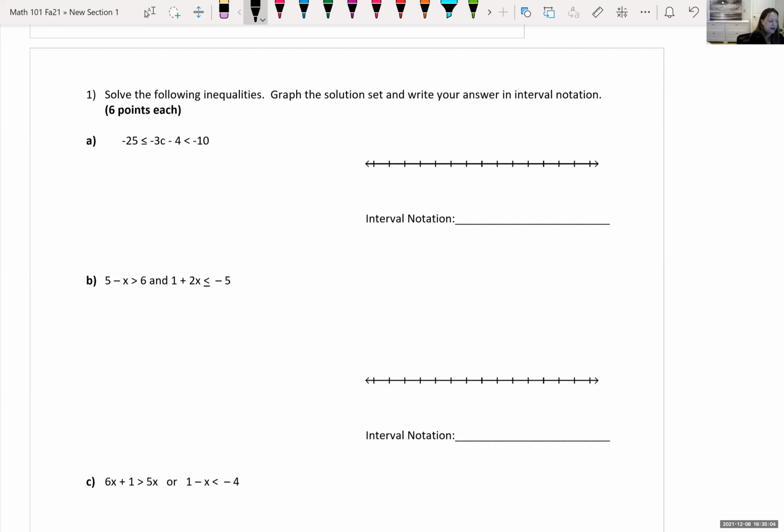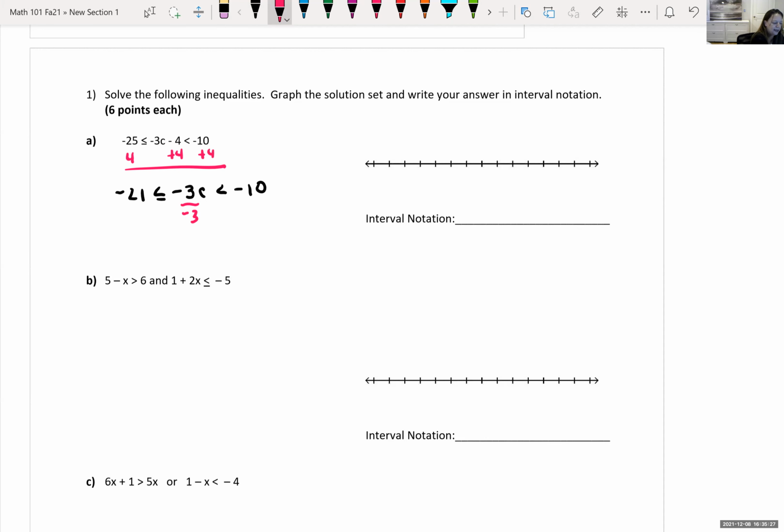We would have to do that if there were variables on all sides of the inequalities, but there's not. So we can just keep it like this. Let's add 4 to every side. And so doing that, we get negative 21 is less than or equal to negative 3c, which is less than negative 10. We want to get c by itself.